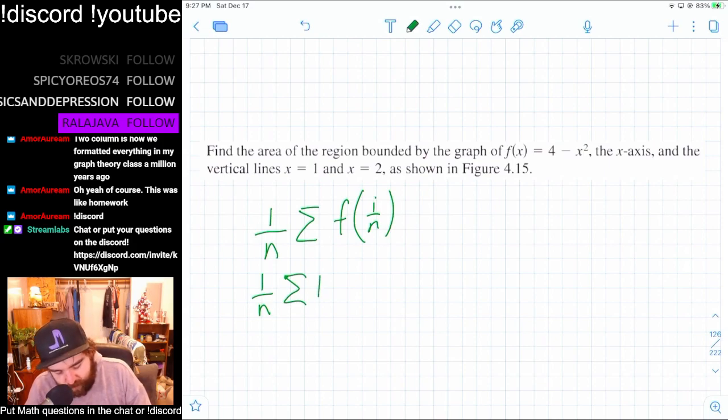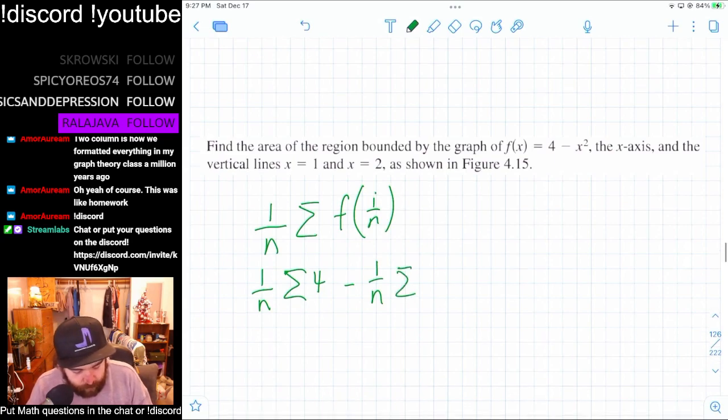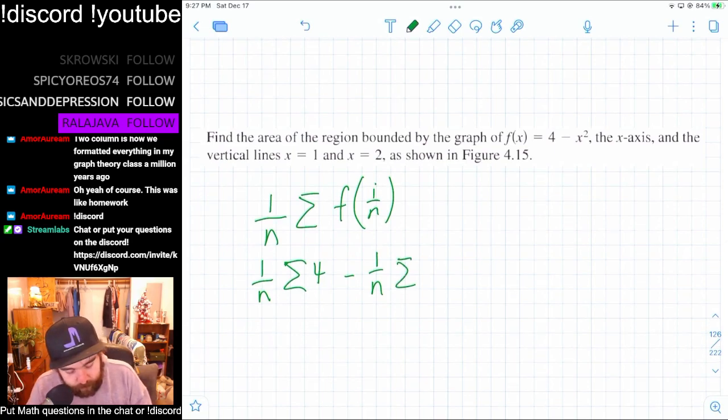So let's see, we'll separate that. And then minus, we got to remember to bring the 1 over n over if we're going to separate it like that. So minus 1 over n, yeah, of i squared, right? Or i over n squared.